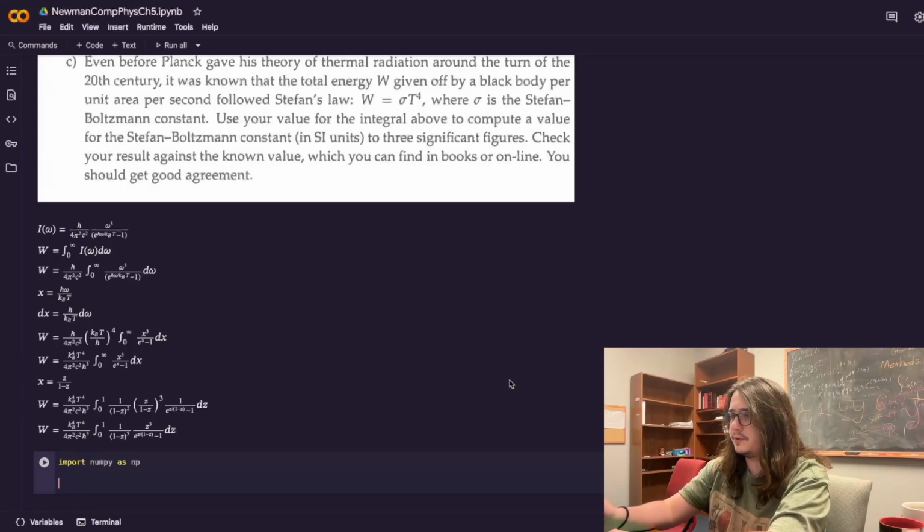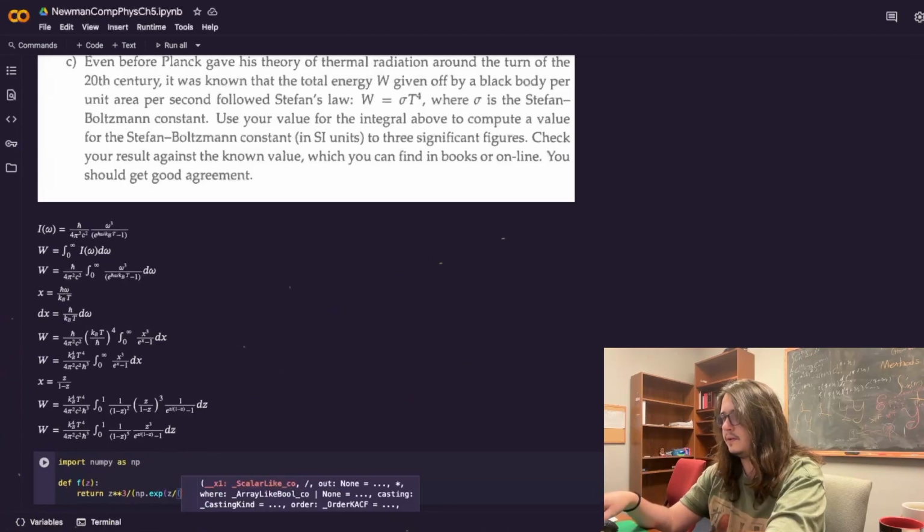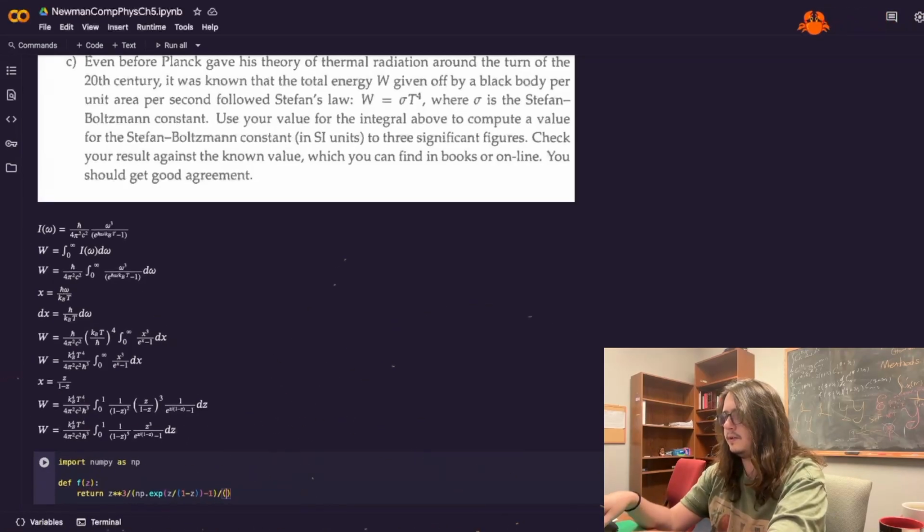So first of all, I'm just going to write the integrand as a function of z, which is going to be z to the third, so return z to the third divided by, you need an exponent, exp of z divided by 1 minus z, and then you subtract 1, but then you also divide that by 1 minus z to the fifth.